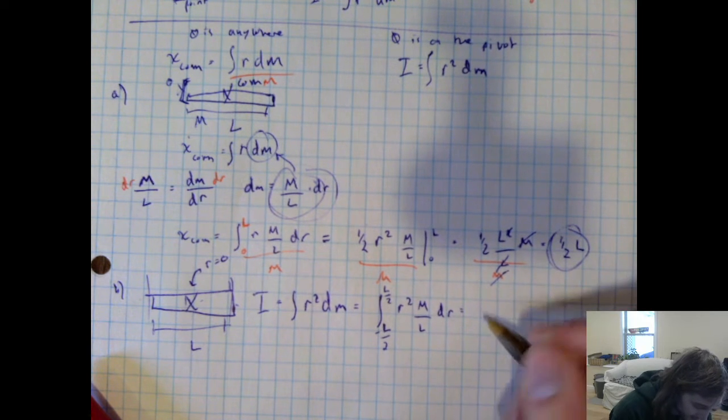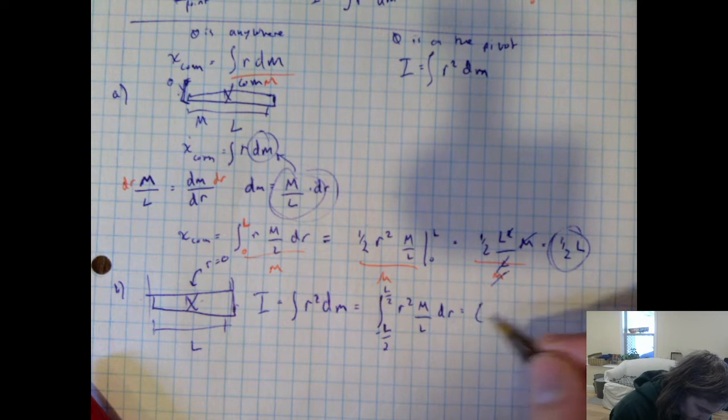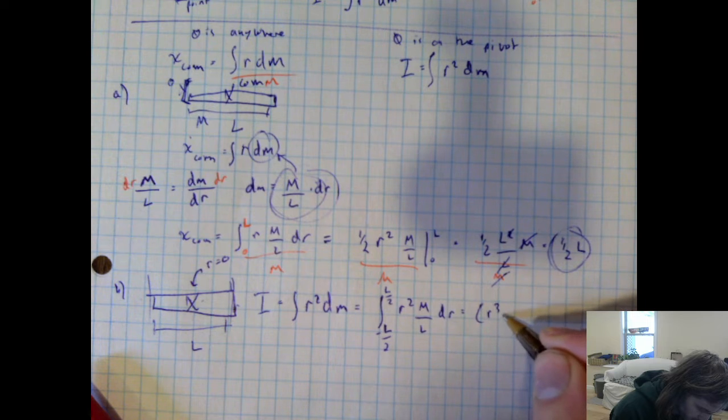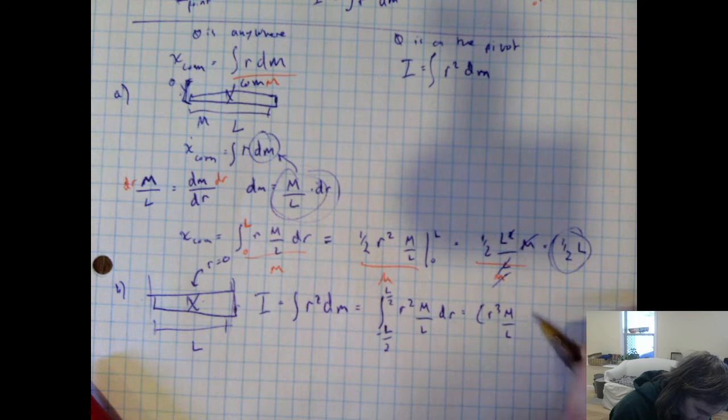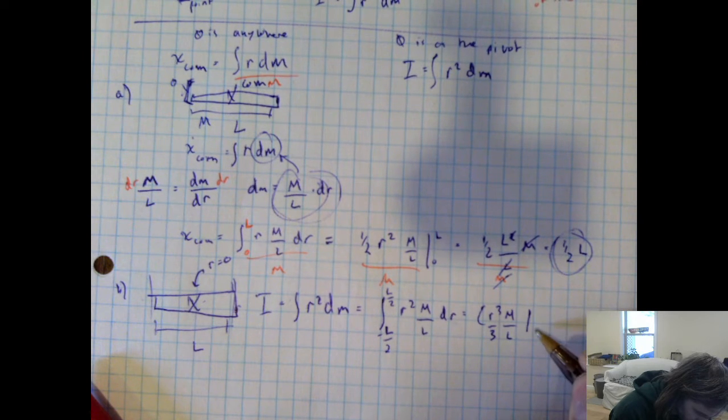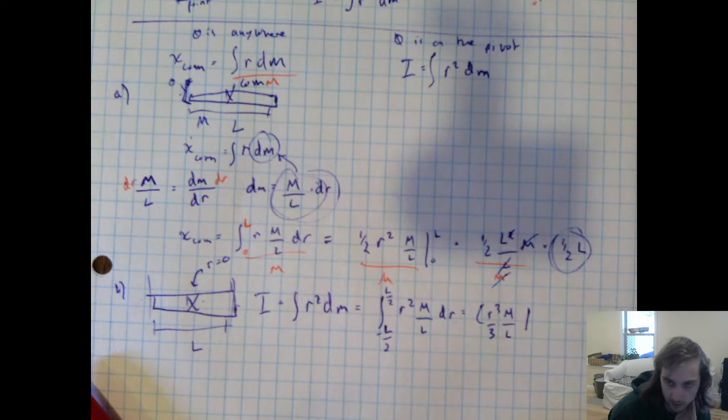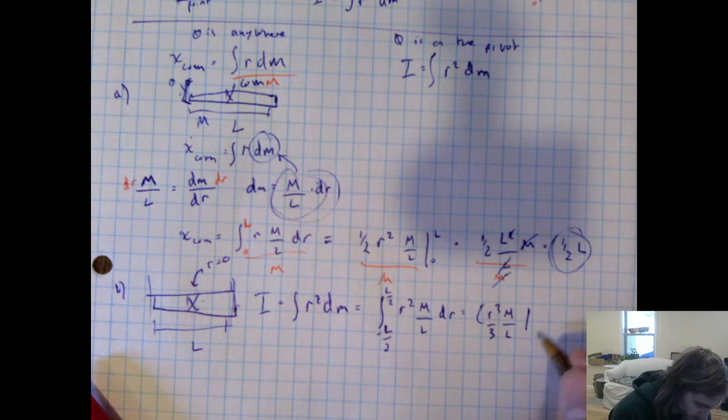Doing out that integral, we'll get r to the third m over L divided by 3, evaluated, because it's to the third power, so the integral drops down to the fraction. Evaluated from negative L over 2 to L over 2.